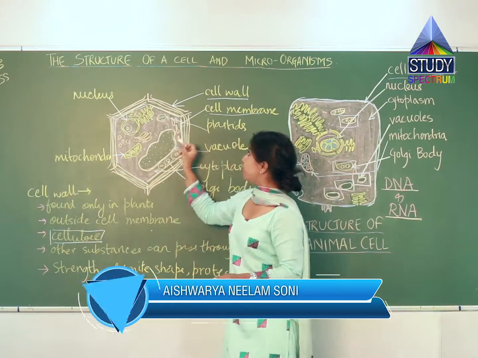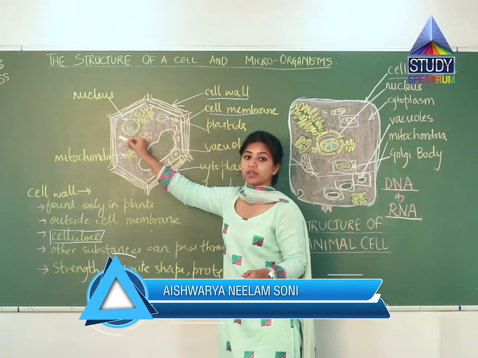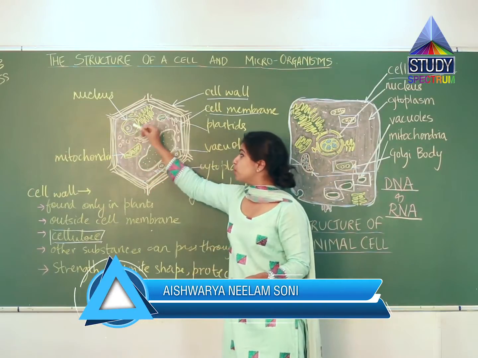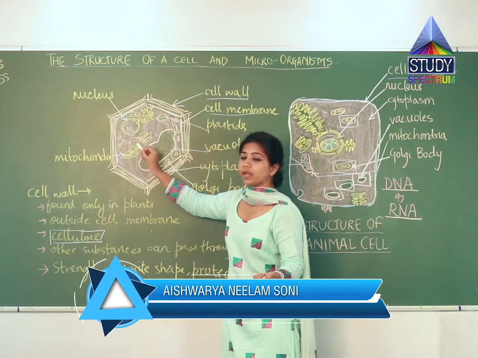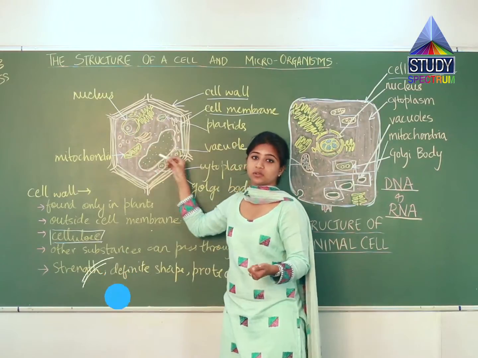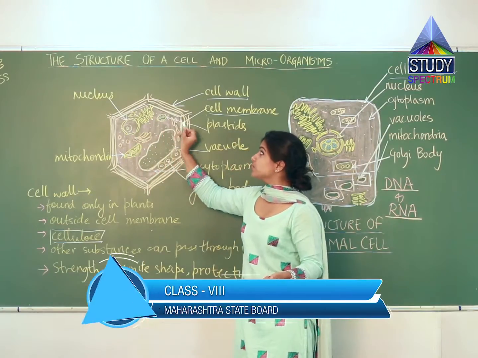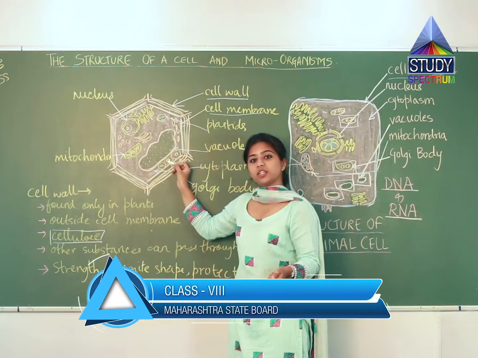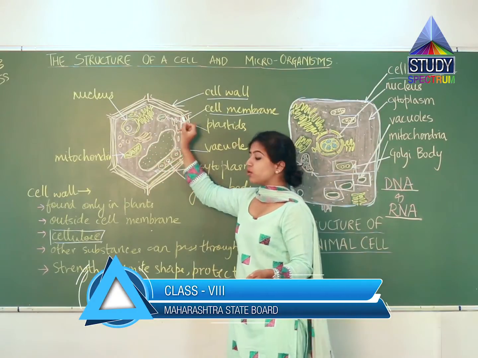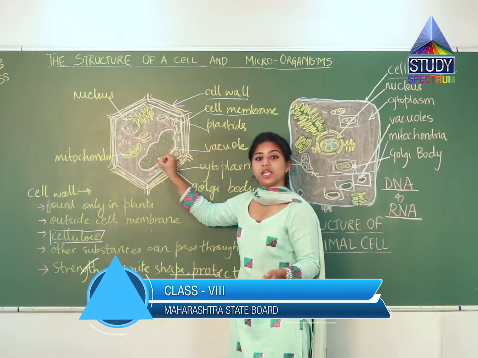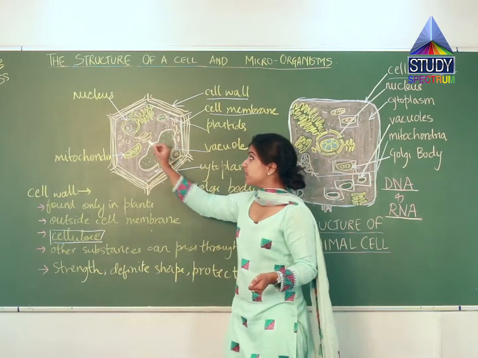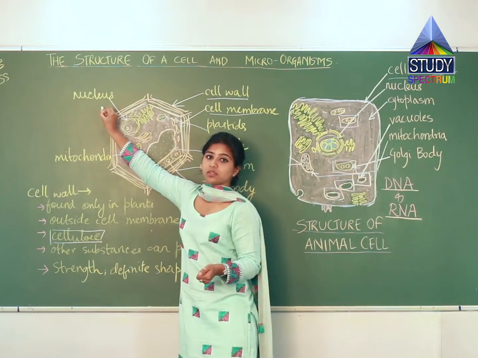The plant cell also does the same thing with the cell wall, that it encloses all the organelles, from mitochondria to the Golgi bodies to vacuoles to the nucleus, inside it. It provides protection, and it is also flexible and thin in structure. Then we came to the nucleus.